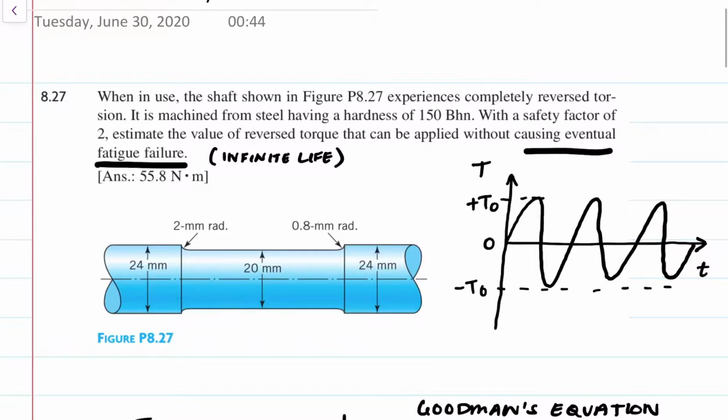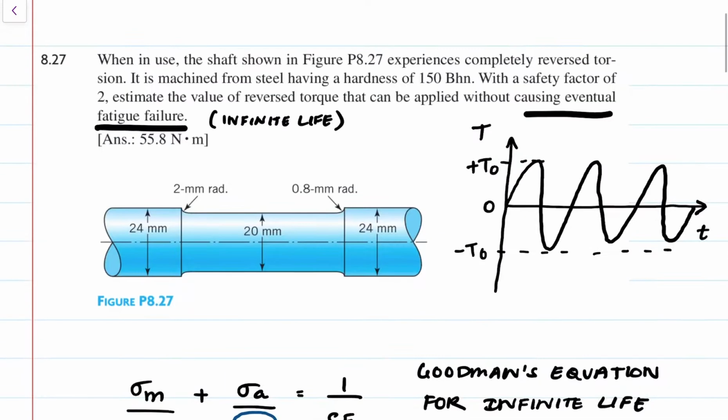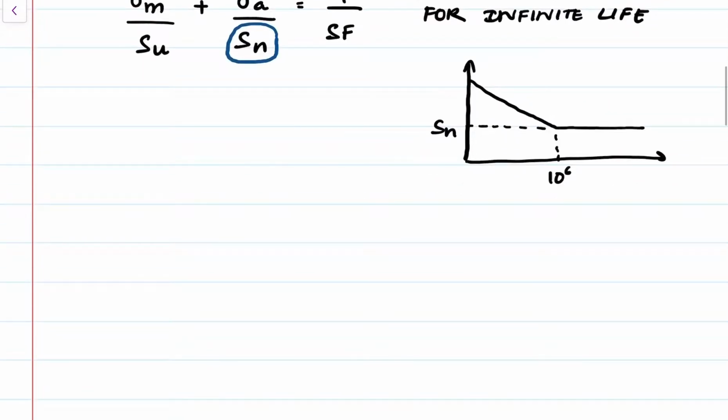Now, what if they asked us, let's say, to estimate the value of reverse torque that can be applied to achieve 10 to the 4 cycles, so 10,000 cycles? Then, instead of using Sn in the denominator here, we would choose 10 to the 4, go up, and find the equivalent stress.